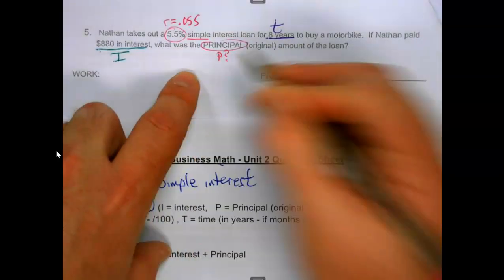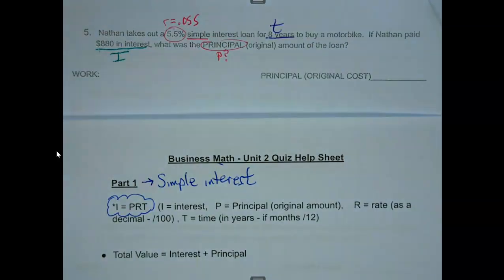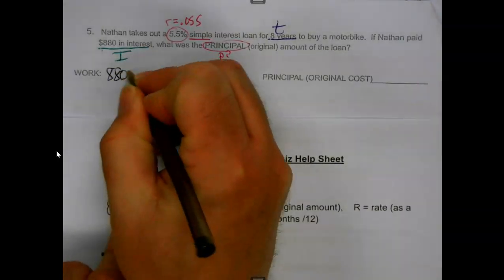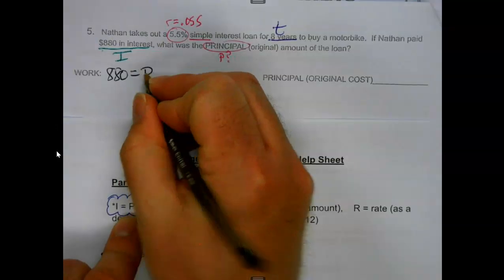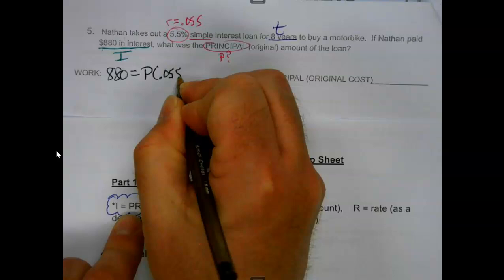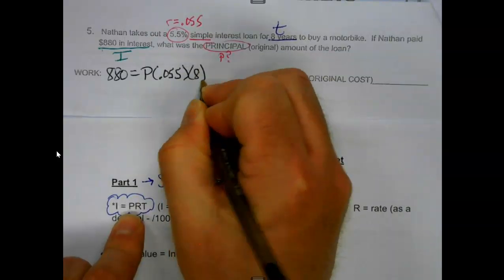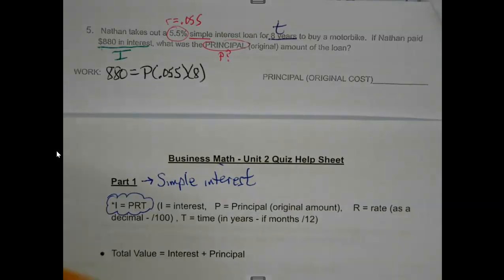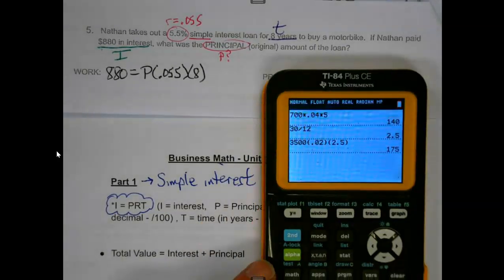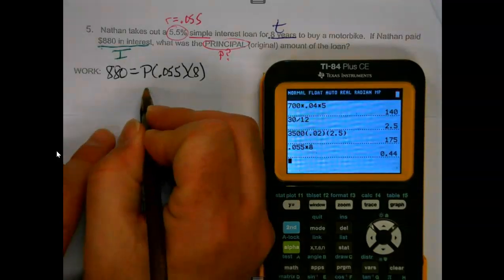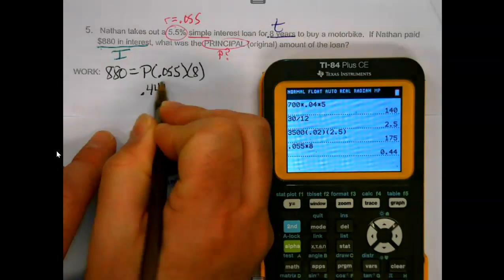So P is what I'm going to be looking for. If I start plugging this into my regular formula, I have I this time. I do not have P. And I have my rate. And I have my time. So it's not just going to be as simple this time as just multiplying all three numbers together and calling it good.